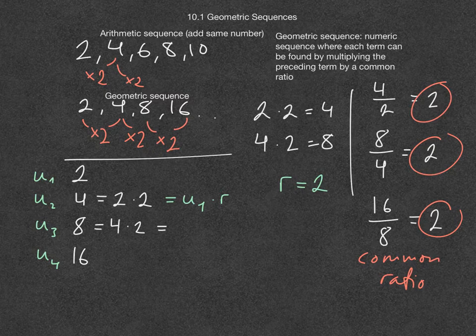But that again means that 8 is u2, the second term, multiplied with the common ratio.